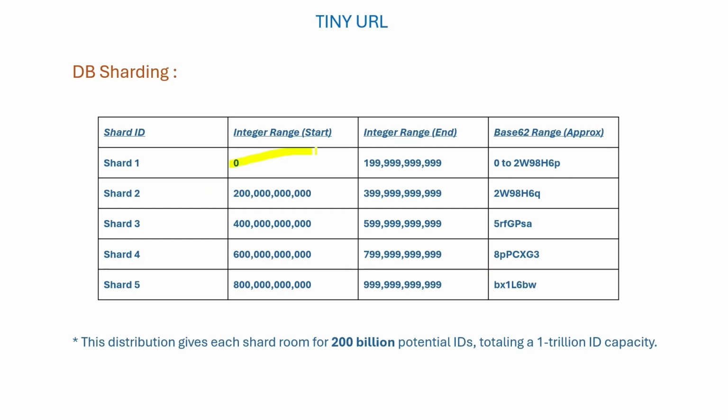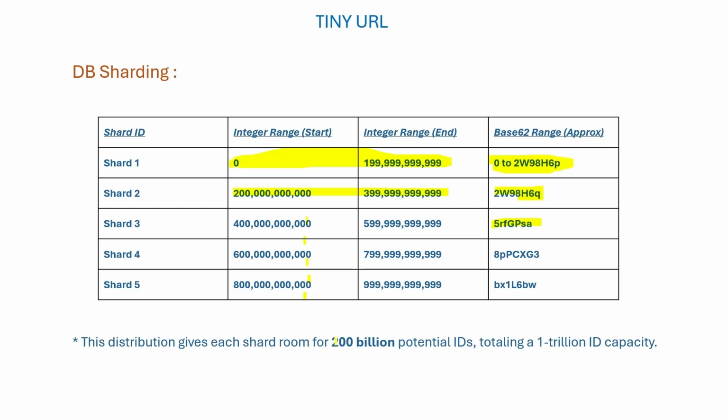Each shard will hold around 2 billion rows, and the base range for the first 2 billion would be from 0 to 2W98H6P. Similarly, from 2W986HP to 5RFGPSA would be the second shard's range, and the third and fourth shards will continue so on, till 15 shards.